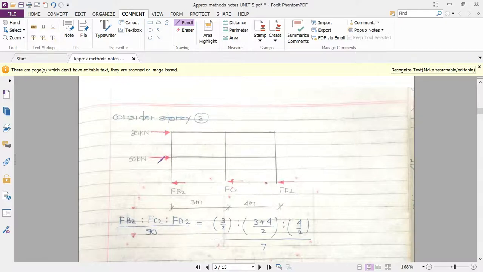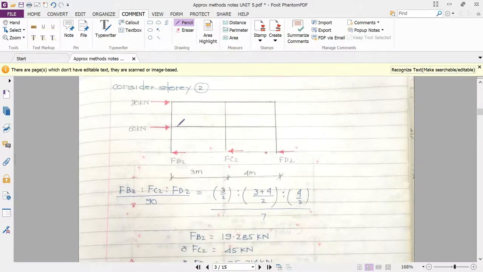Now second is 60 kilonewton. Again we have to cut the section from the point of contraflexion, and at that point we have to apply the horizontal shear in the opposite direction from where our external force is acting. Let us say the forces acting in the second story are B2, C2 and D2, as they are part of the second story.